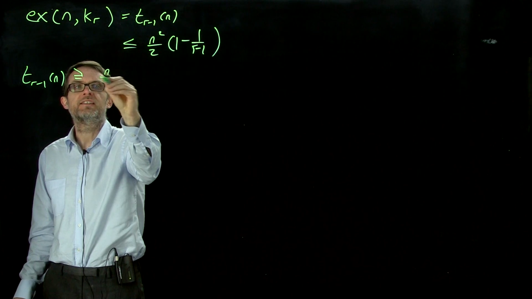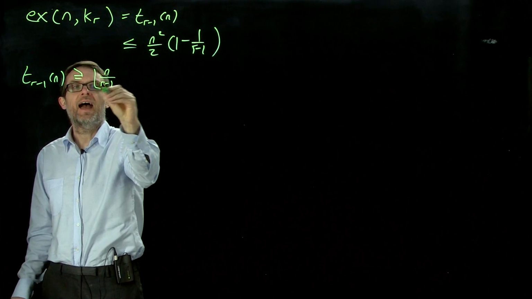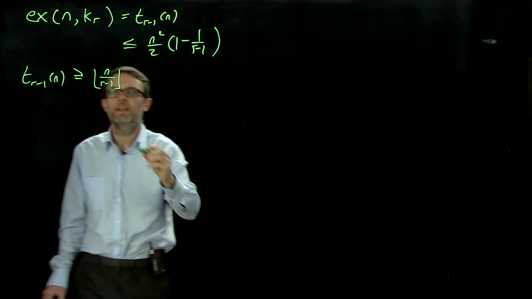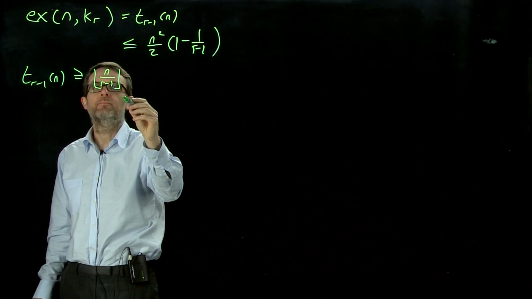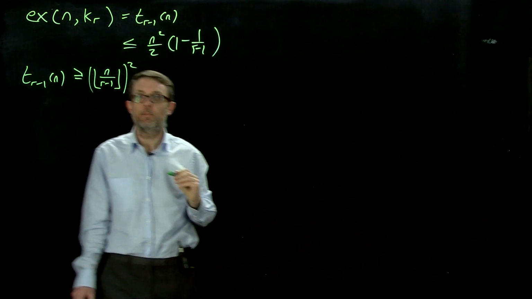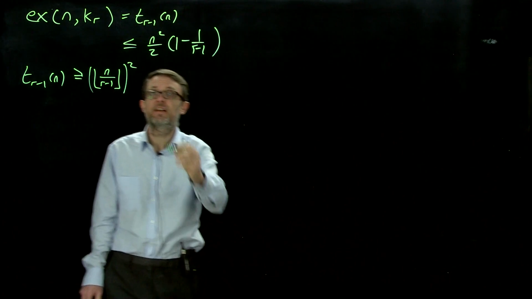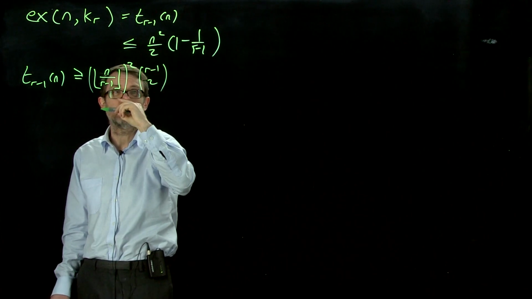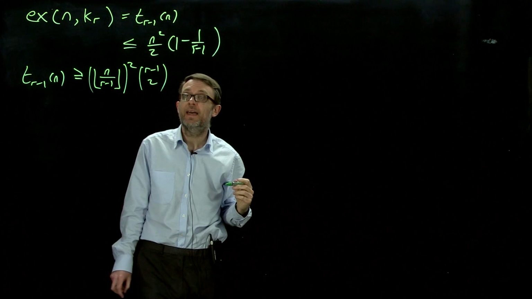Each of the blocks has size at least the floor of n over r minus 1. And for each pair of blocks, therefore, I'm going to be getting this number squared, number of edges. And how many pairs of blocks do I have? I have (r minus 1) choose 2 of them.